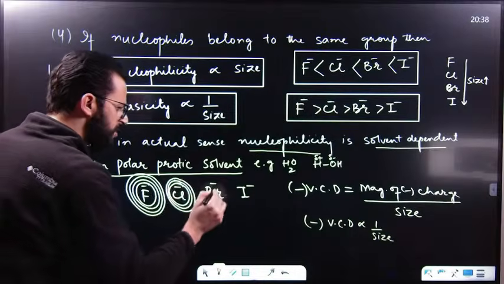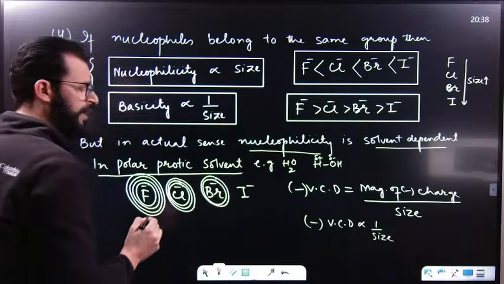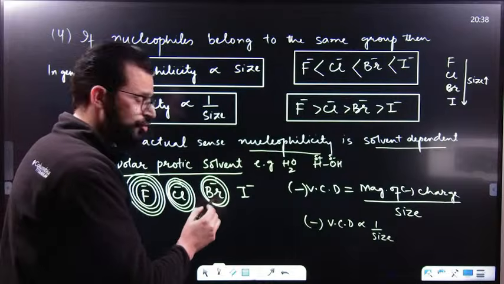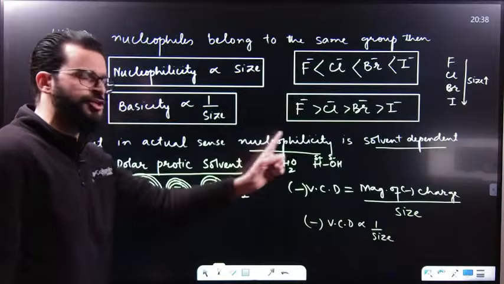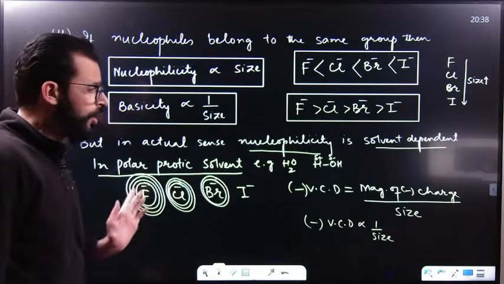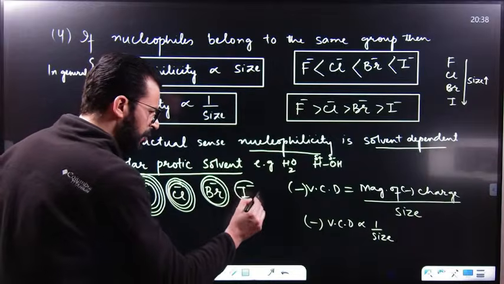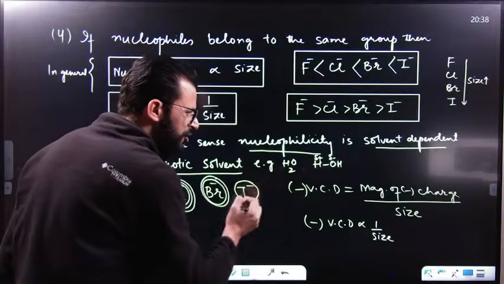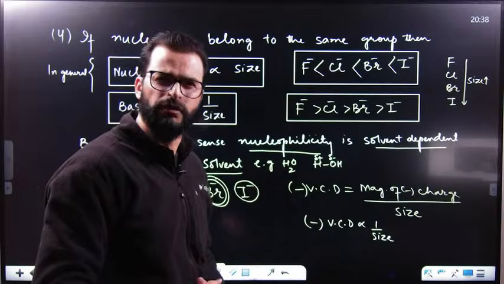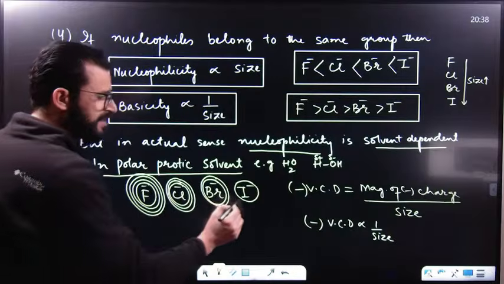But as compared to Cl minus, Br minus will be surrounded by fewer water molecules, because the more the negative volume charge density, the more the attraction with the H positive, the positive part of the solvent. Similarly, I minus has the lowest volume charge density, hence its attraction with solvent molecules will be less. So can I say this is most solvated and this is less solvated?